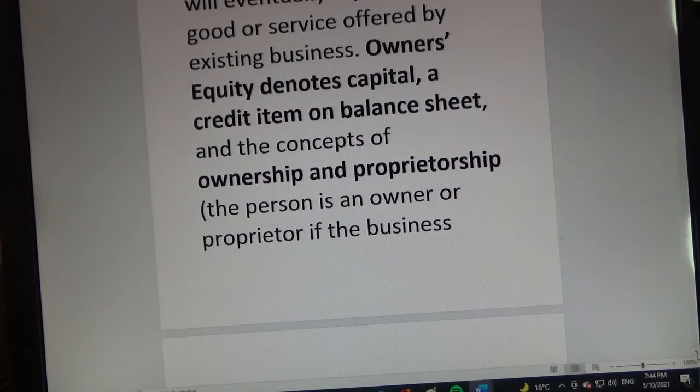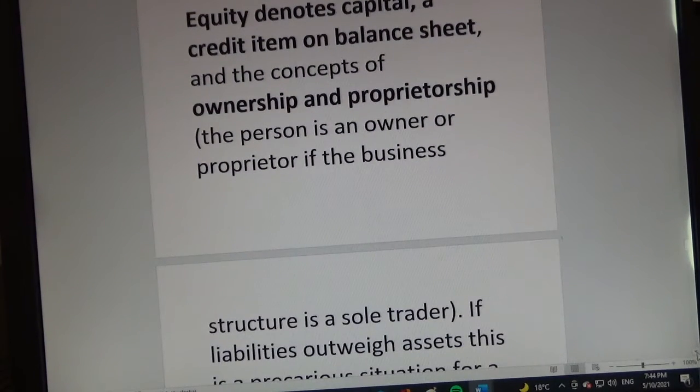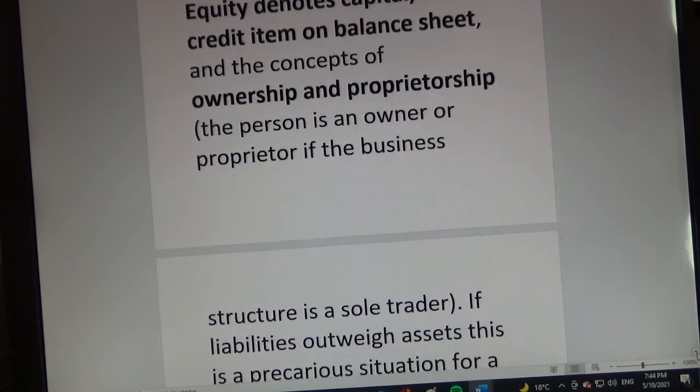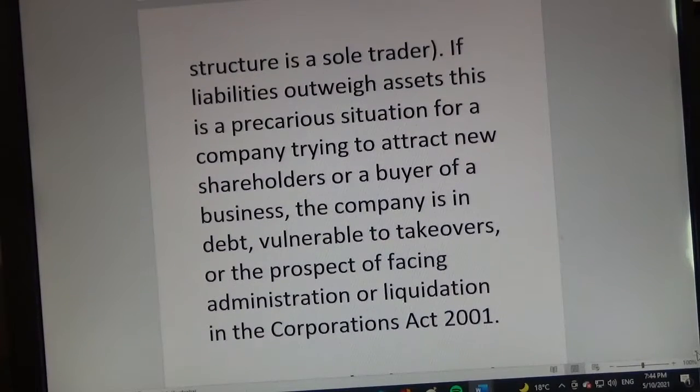So again, owner's equity denotes capital and it's a credit item on the balance sheet, and that brings in the concept of ownership of the business and proprietorship if the business is structured as a sole trader. If liabilities outweigh assets, this is a precarious situation for a company trying to attract new shareholders.